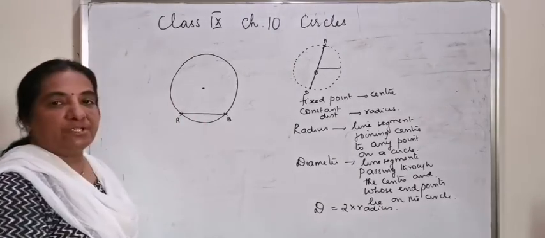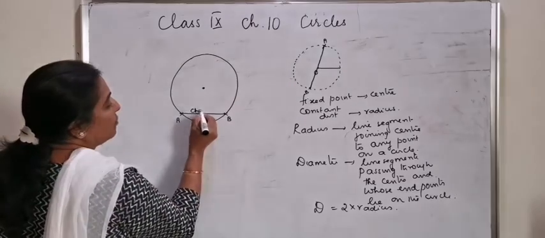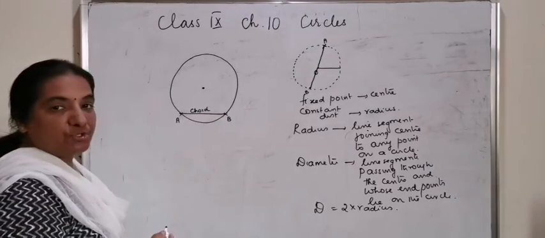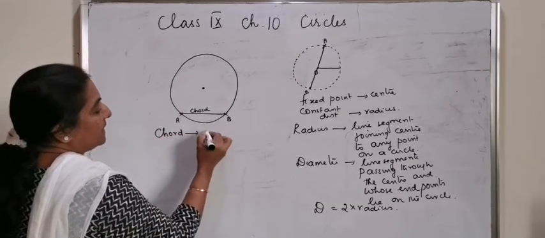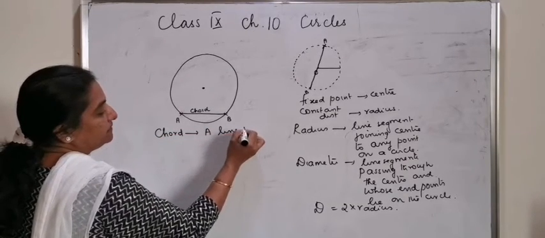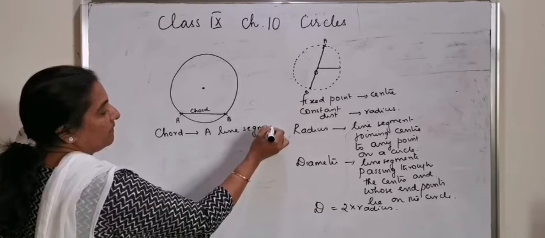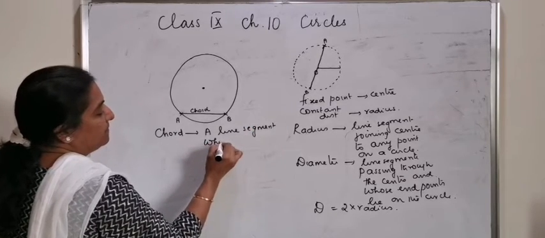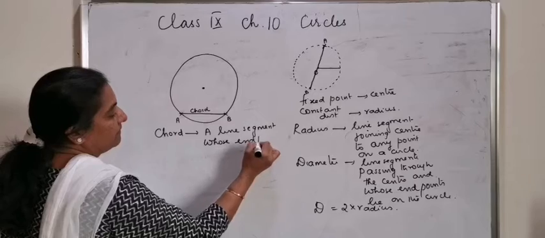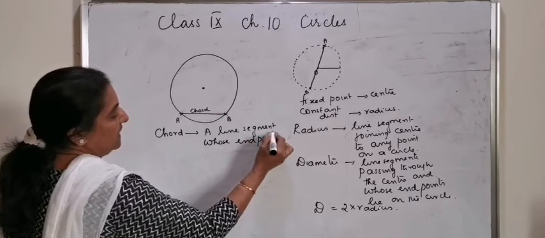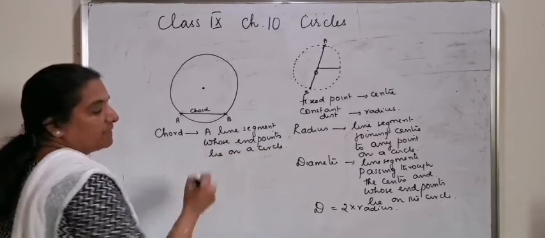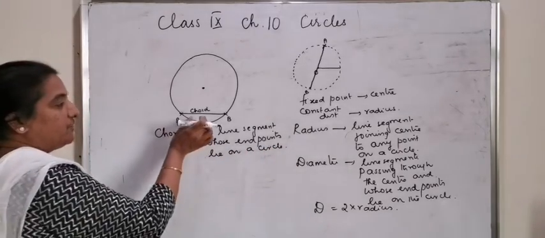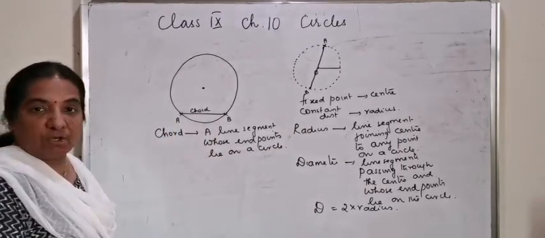Such a line segment will represent a chord of a circle. So a chord is a line segment whose endpoints lie on a circle. From the figure you can see AB represents a chord.